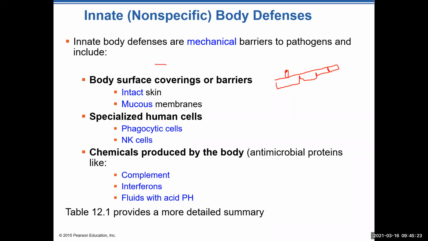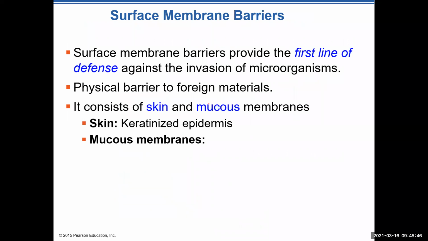If there's a break in the skin, khalas, your first line of defense, your physical barrier, has failed. So the external body membranes, whether skin or mucous membrane, and mucus, all come under the first line of defense mechanism.